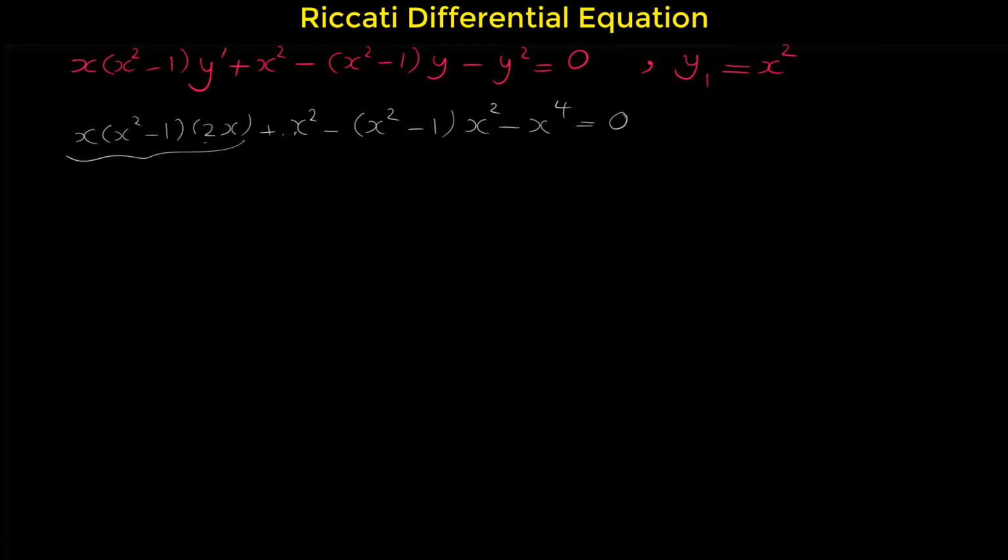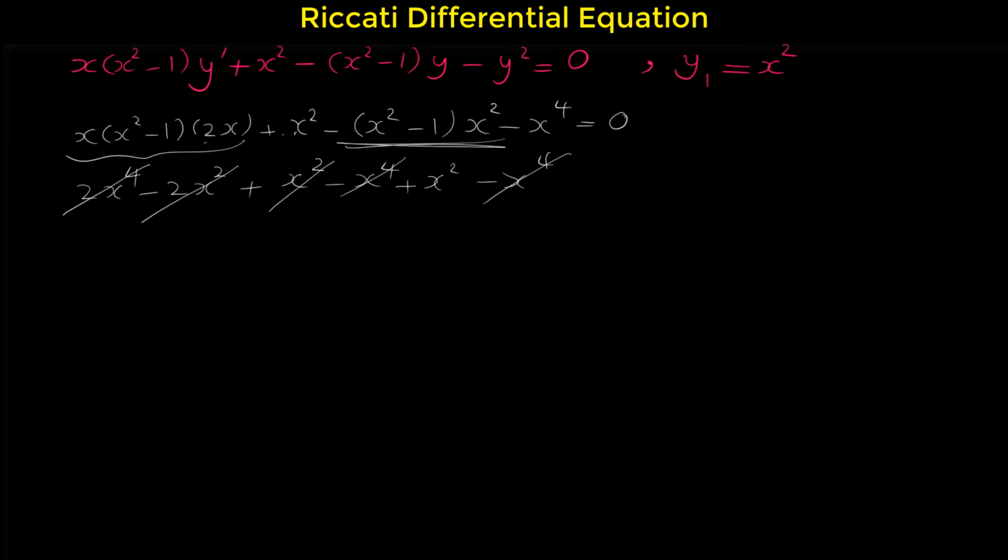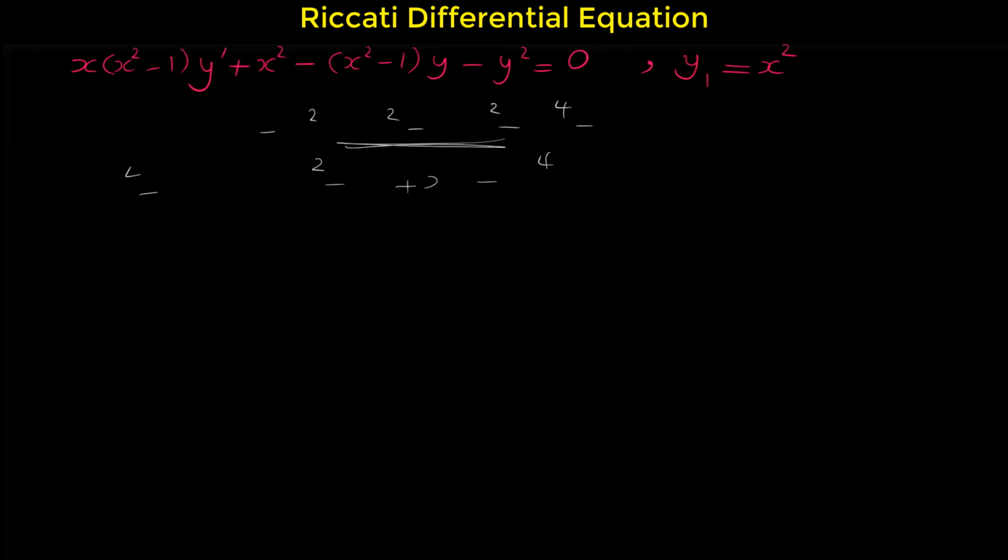If you multiply these brackets, finally you get 2x to the 4 minus 2x squared. Here we have x squared, and if we multiply x squared in this bracket, we have negative x to the 4 plus x squared minus x to the 4. If you look carefully, x to the 4, x to the 4 and 2x to the 4 cancel, negative 2x squared plus x squared cancels, so 0 equals 0. So this is a solution.